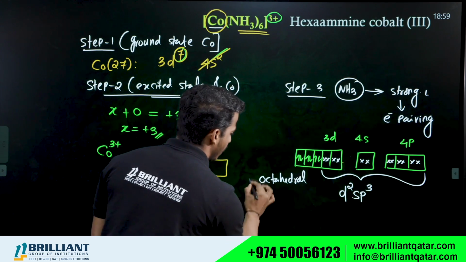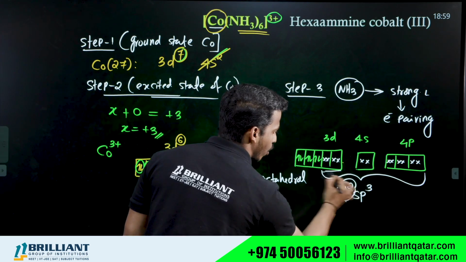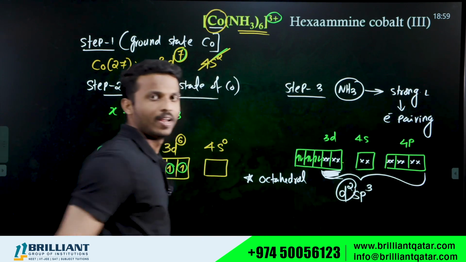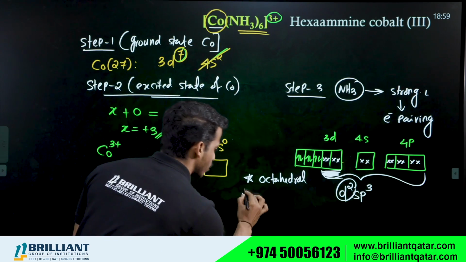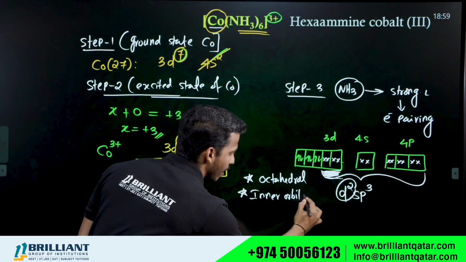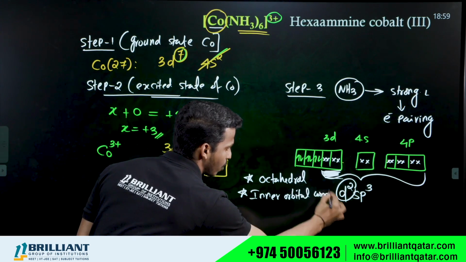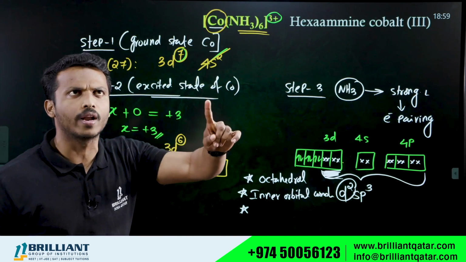In d2sp3 hybridization, you see they took the inner d orbital for the hybridization, right? They took the inner d orbital for the hybridization. Therefore, they are also called inner orbital complexes. Inner orbital complexes. I told you, inner orbital complexes are also called low spin.